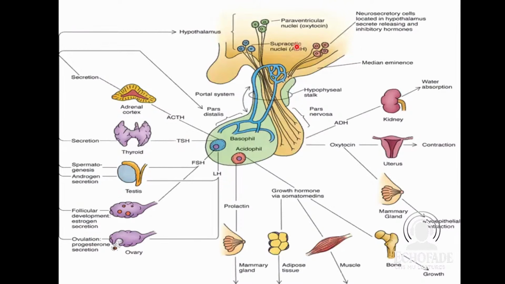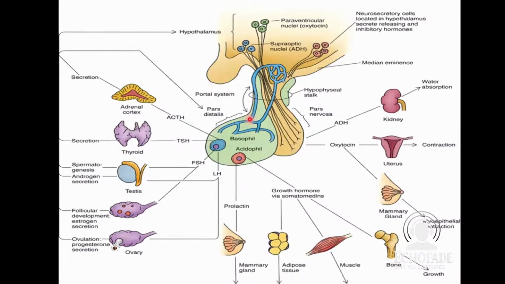Then we have the parvocellular nuclei, which have small cell bodies. The hormone is synthesized in the cell body, transported and released at the median eminence to the primary capillary plexus. And then from the primary capillary plexus, those releasing or inhibiting hormones are transported to the adenohypophysis by the hypothalamo-hypophyseal portal system.